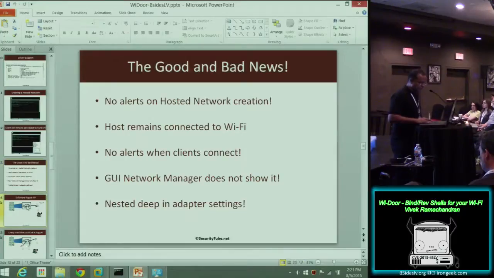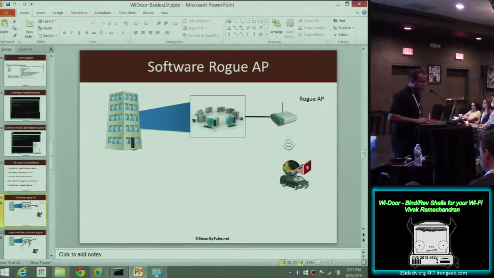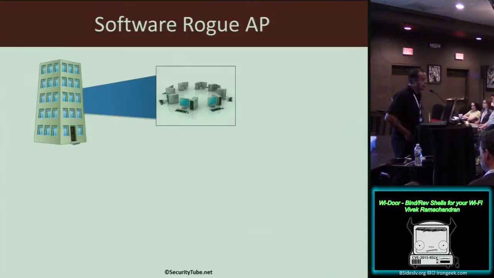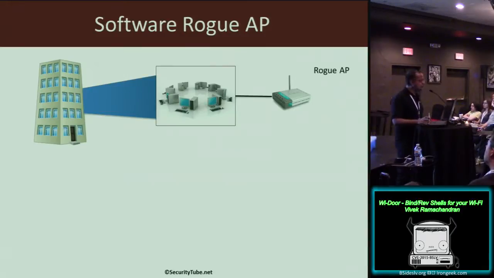Now, why is this worrisome? Assuming you've been infected by malware, or someone managed to have command execution, they can create a complete software rogue AP. Enterprises, from a wireless security perspective, are always worried about rogue devices. Can I find these devices connected to my network, which are probably open Wi-Fi, or through which someone can connect back?